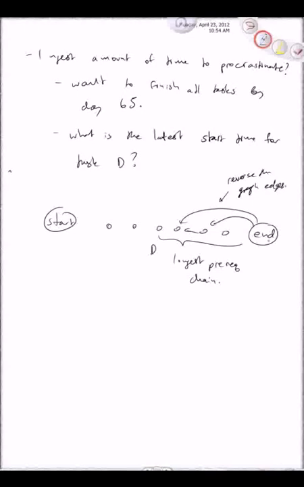And then just find the shortest path from end to D, where, again, the costs are going to be those negative costs. That's going to give you the longest prerequisite chain, and that's going to tell you the latest that you could start task D. So one thing to remember here is you have to account for getting D completed.